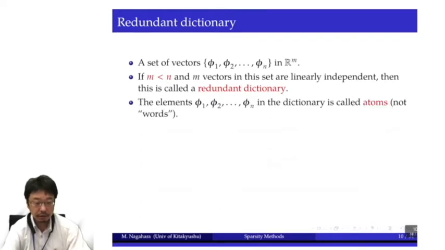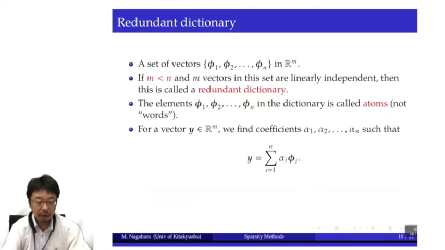The elements phi1, phi2, and phi-n in the dictionary are called atoms. Note that we don't say words for the elements of a dictionary. This is strange, but actually we don't say words for these.